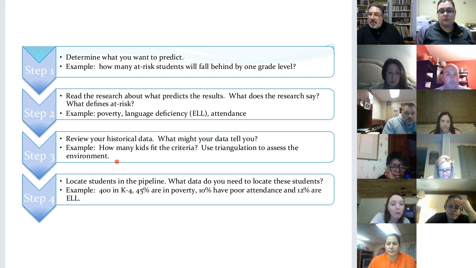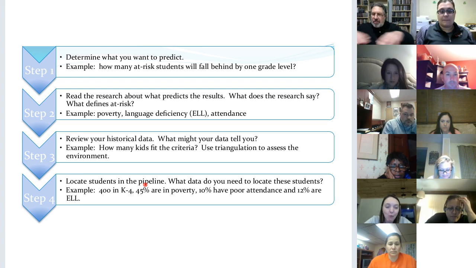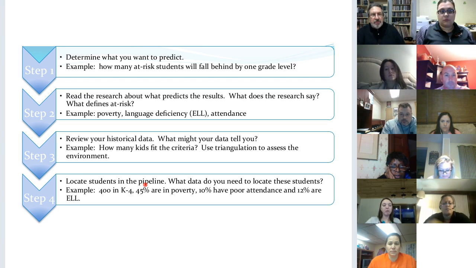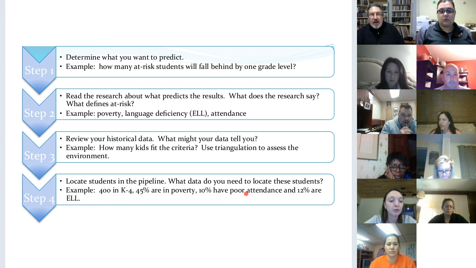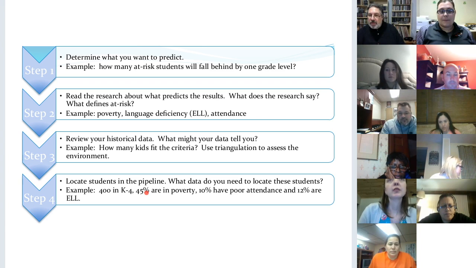What do the data tell you? So now locate the students in the pipeline. How many students? And then, of course, you set a threshold again so that you see kids above and below the threshold. If you have 400 students in a K through 4 building, 45% are in poverty, 10% have poor attendance, and 12% are ELL, there you go. There are your thresholds.